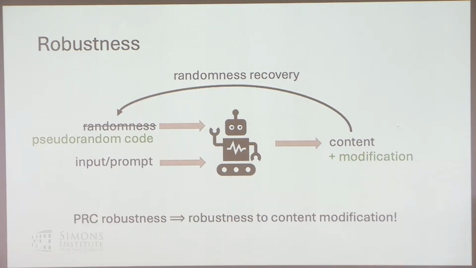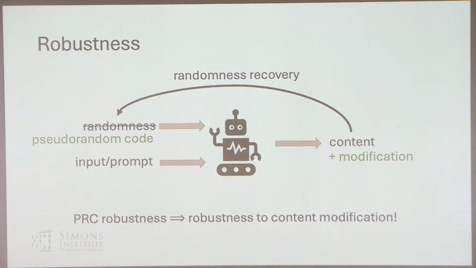I'll mention that our template immediately gets us some nice corollaries. The first is that robustness of our pseudorandom code translates immediately to robustness of the watermark. Imagine you have some content and you modify it in some way. If the randomness recovery algorithm behaves nicely, and this translates to similar errors in the recovered randomness, then the robustness of the pseudorandom code can recover from those errors.